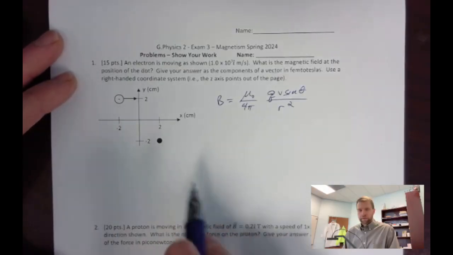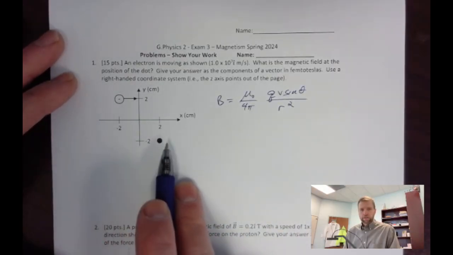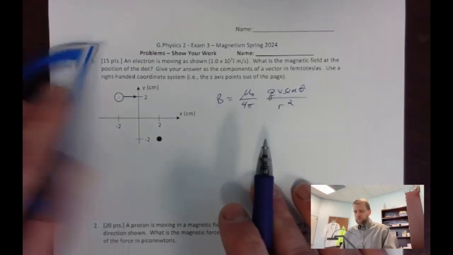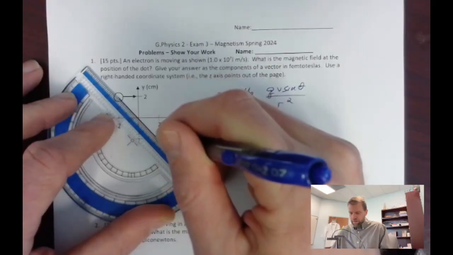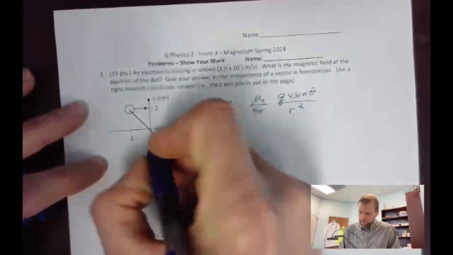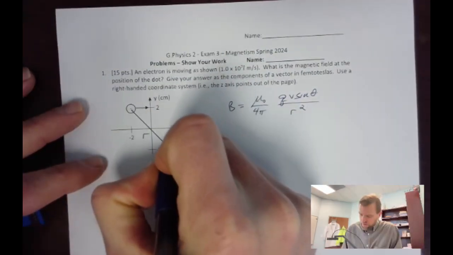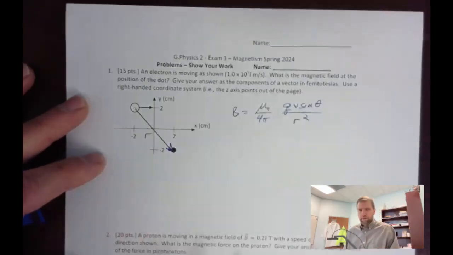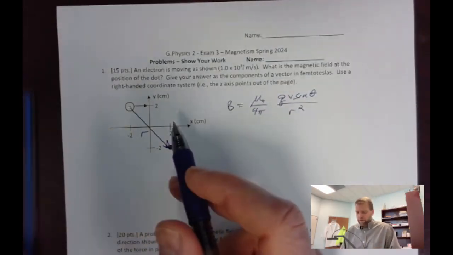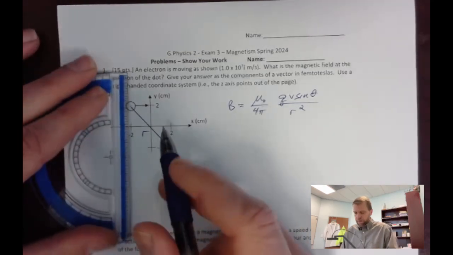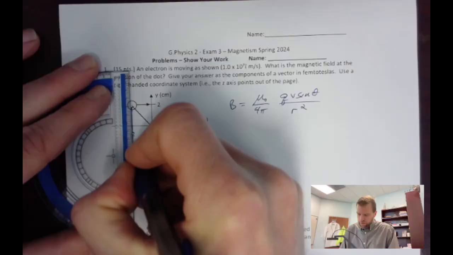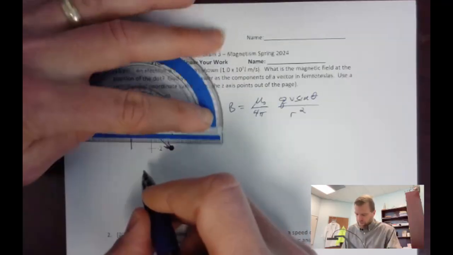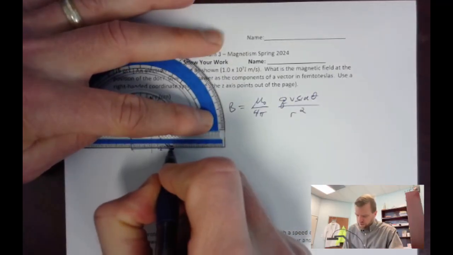Let's take a look at those. r is the distance from the electron to the dot. So this is r right there. We need to simply use the Pythagorean theorem to find out what that is. We can go down and across.